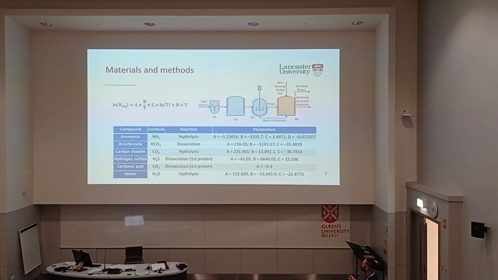So this is the original model of Rajan et al. The blue boxes are calculation blocks. It has a mixer, the stoichiometric reactor, which shows the hydrolysis, and the kinetic reactor shows the remaining stages of AD, which are acidogenesis and methanogenesis.